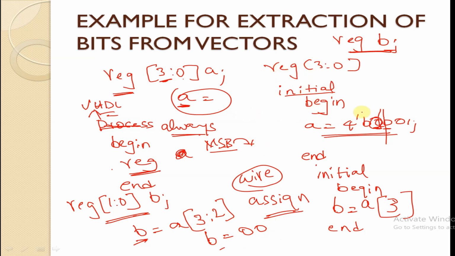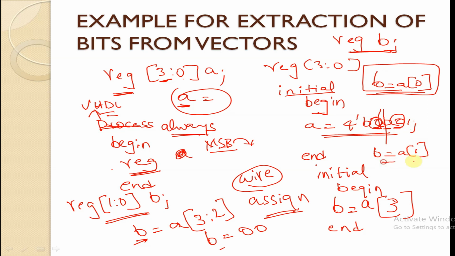If we want to extract the LSB, then we will write B is equal to A of 0. Like this we can extract the bit. Or if we want to extract this bit, then we will write B is equal to A of 1.